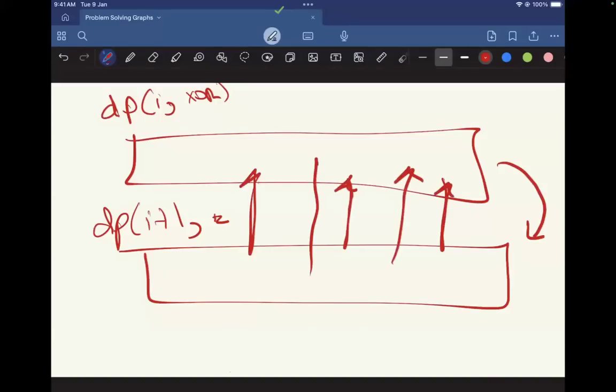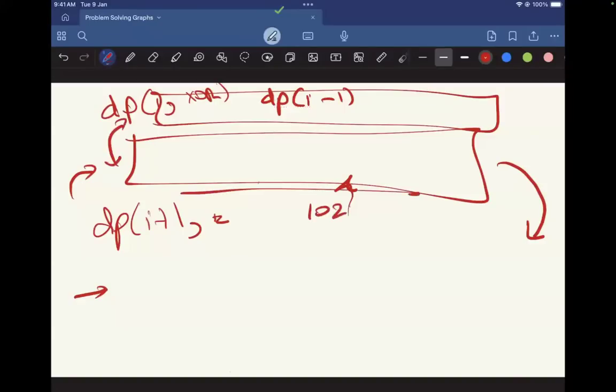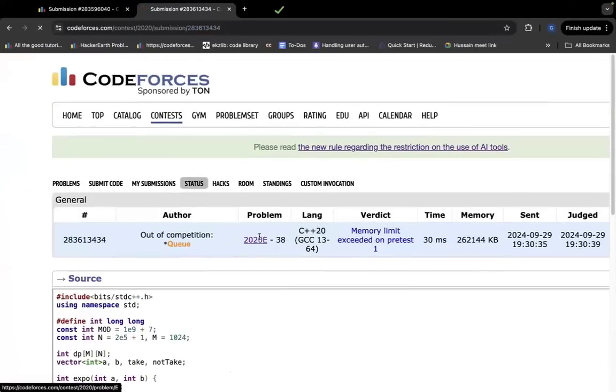So using space optimization, first we calculate this table, then using this table we calculate this table, and now when we want to calculate dp of I minus 1, we just erase this table and use this table to calculate dp of I minus 1. These are the only things we do. So using only two tables of size 1023 or 1024, we are able to calculate this, and we are able to avoid MLE.